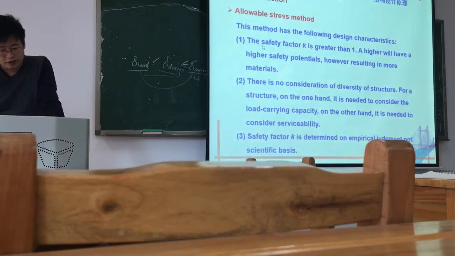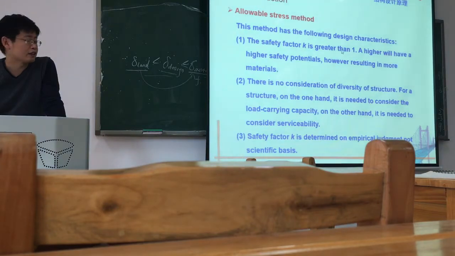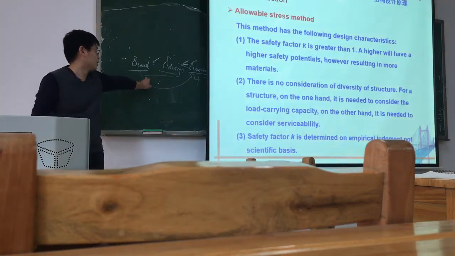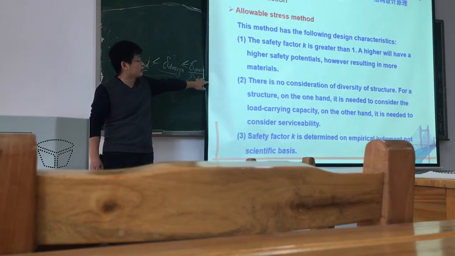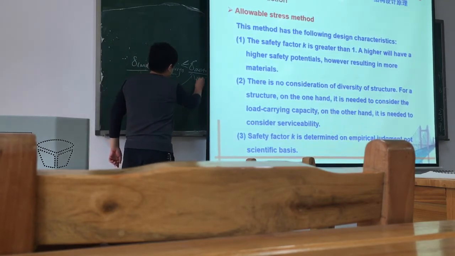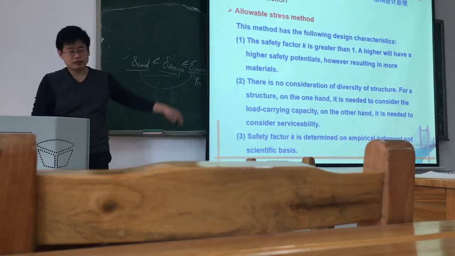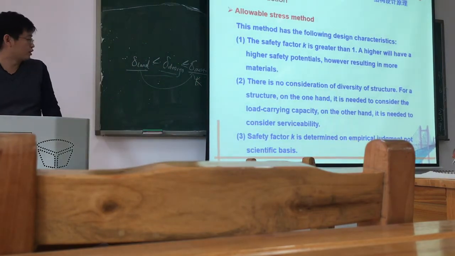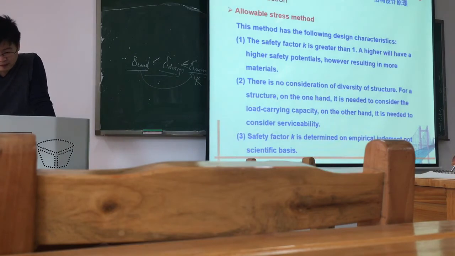The safety factor K is greater than 1. If this safety factor K is smaller than 1, that means your design is not safe. So just now we said the K here should be larger than 1, and the larger the value, the more conservative the results.